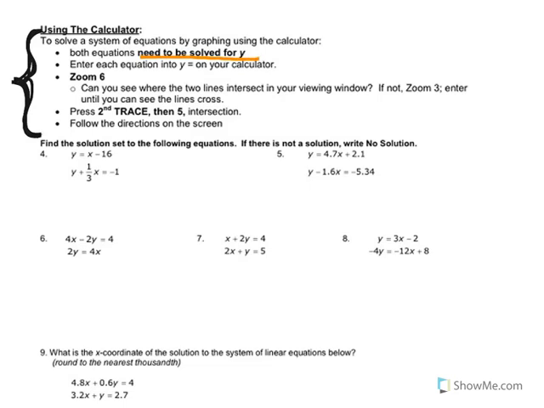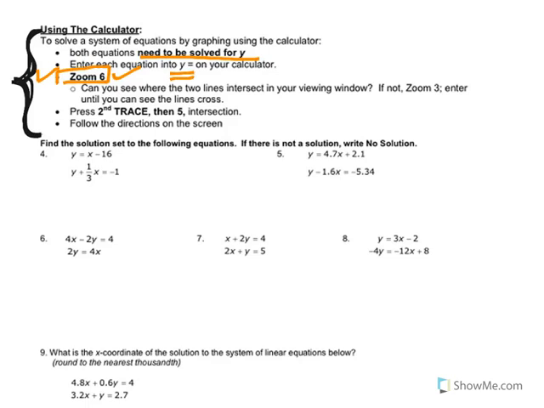Then you're going to enter each one of the equations into y equals. You can hit graph, or just so you know, and we've talked about this in class before, Zoom 6 is the normal screen. So if your screen is kind of wacky on your calculator and you want to get it back to normal, just hit Zoom 6.